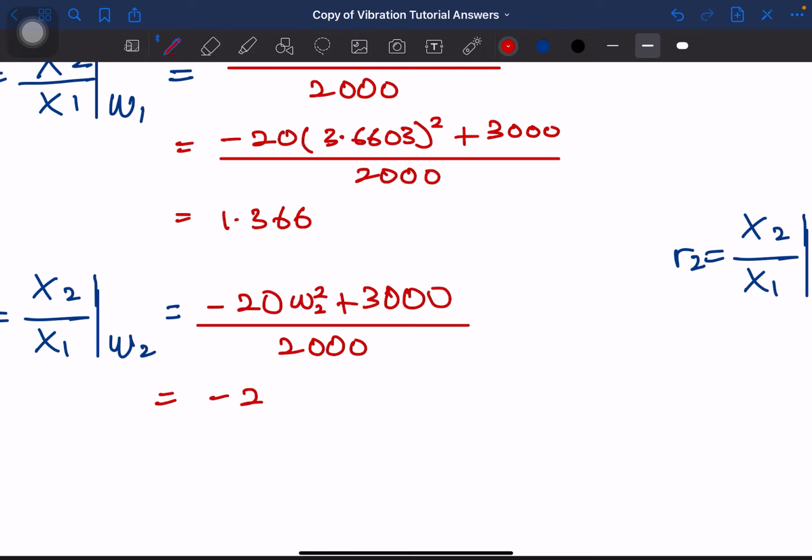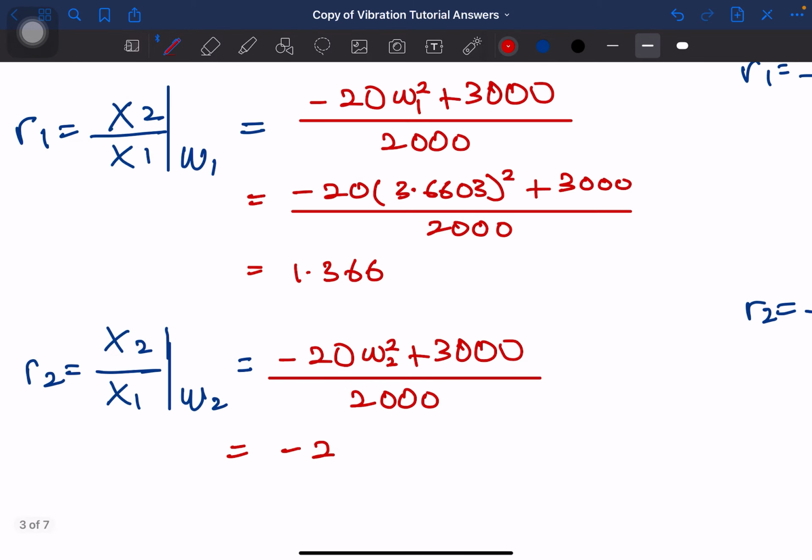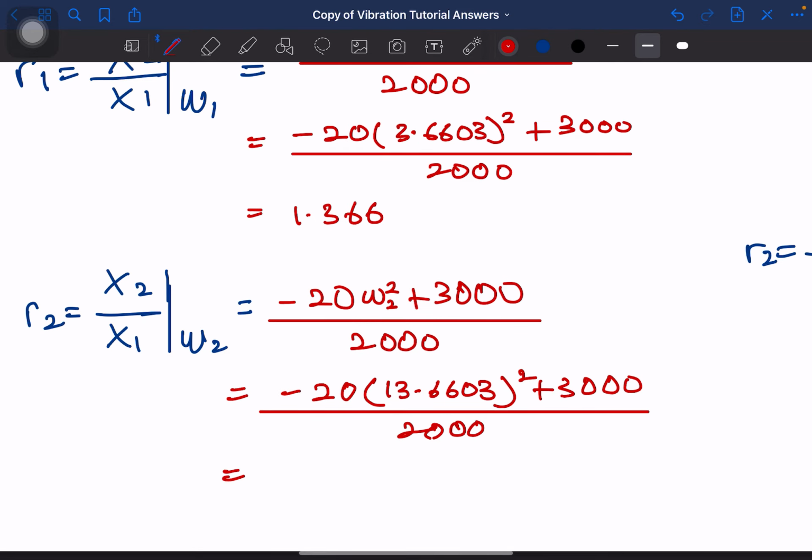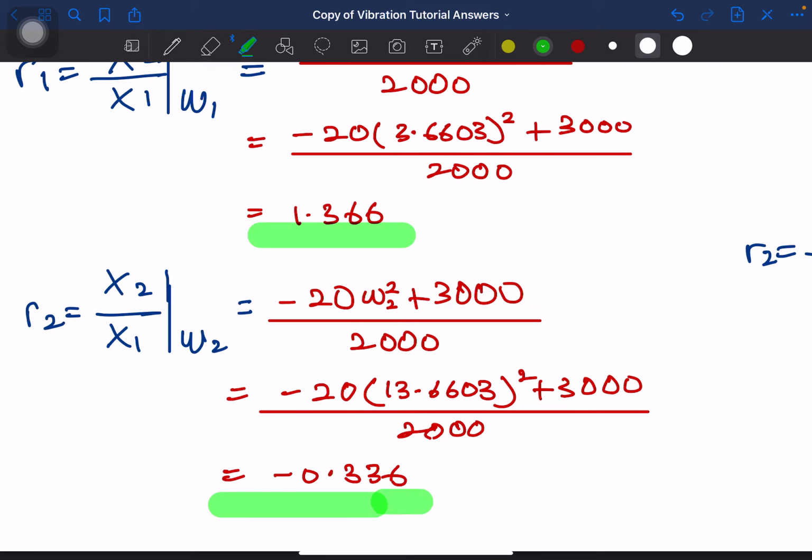Same goes here for the second mode shape: negative 20 times omega 2 squared, where omega 2 just now is 13.6603, squared plus 3000 over 2000. Here you'll get negative 0.336. And that's how you get your mode shapes.